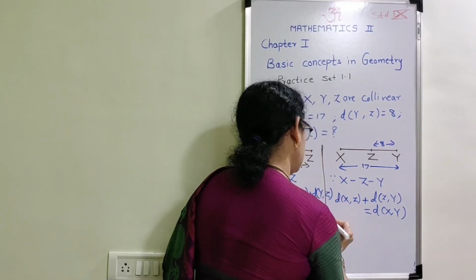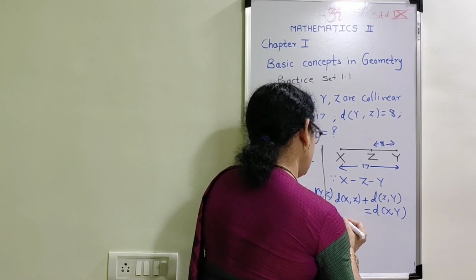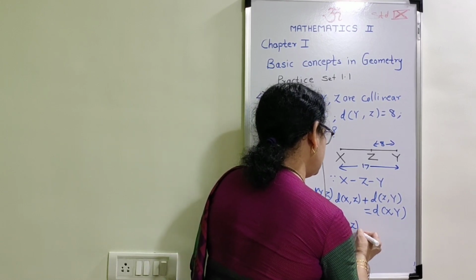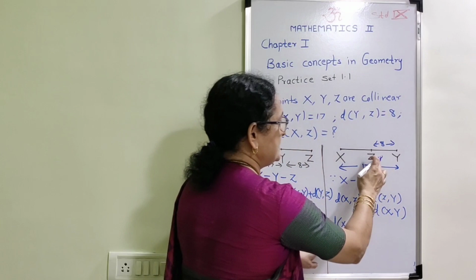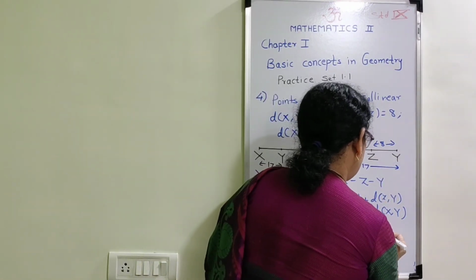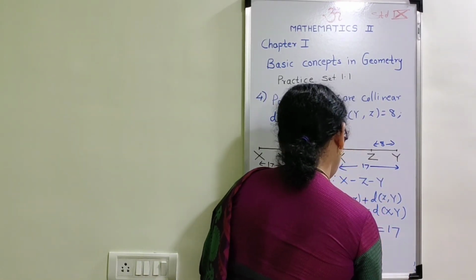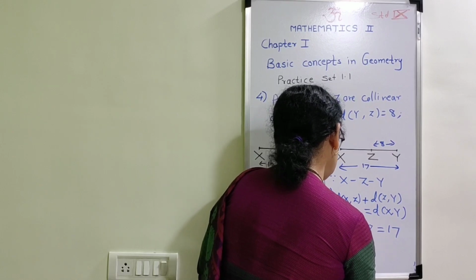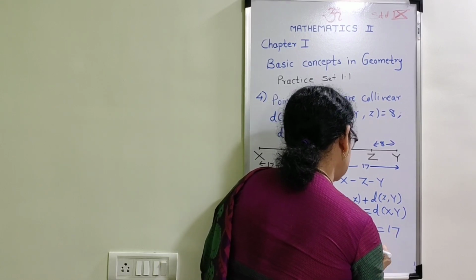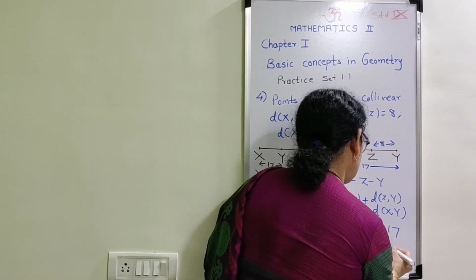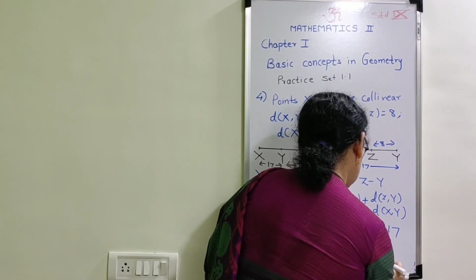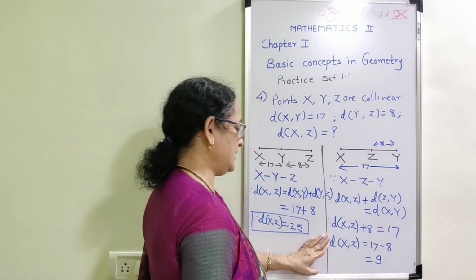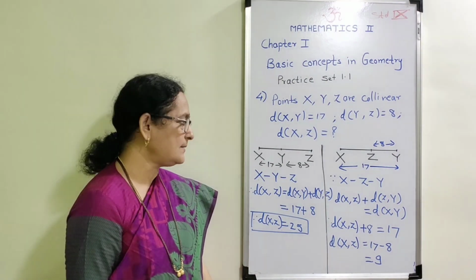Now substituting the values, distance XZ plus ZY is 8 and XY is 17. Transpose 8 to the other side. I will get distance XZ is equal to 17 minus 8. When I subtract 8 from 17, I get the answer 9.